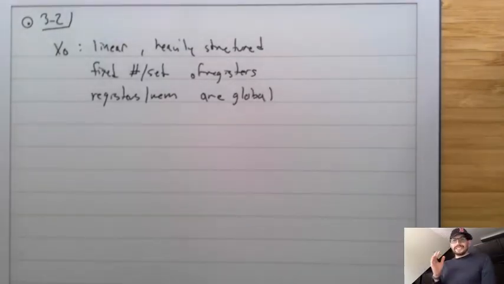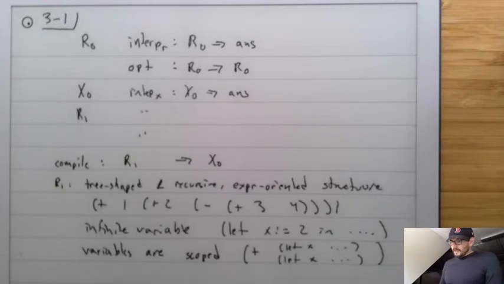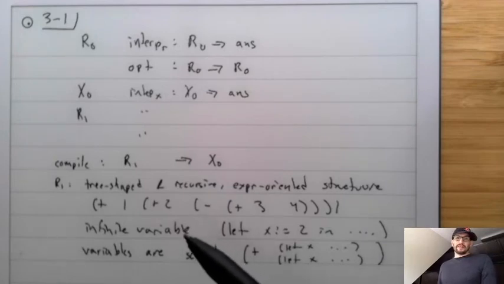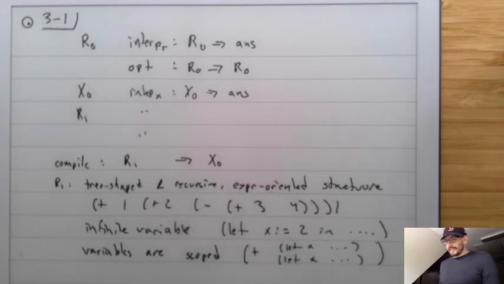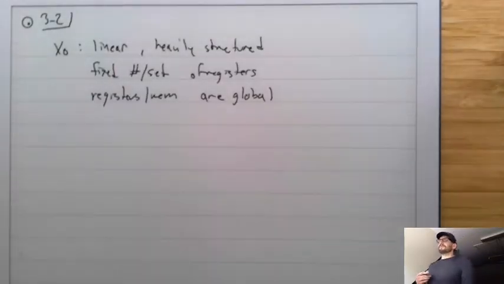And so basically the job of our compiler will be to take all the things that are different about the R1 language and slowly get rid of them. So for instance, we're going to have to get rid of the fact that variables are scoped. We're going to have to get rid of the fact that there are infinite variables. We're going to have to get rid of the tree-shaped, recursive, and uniform structure. We have to get rid of each one of those things.